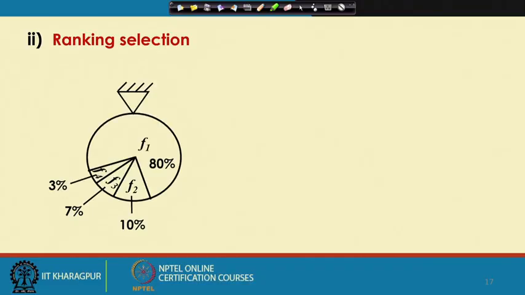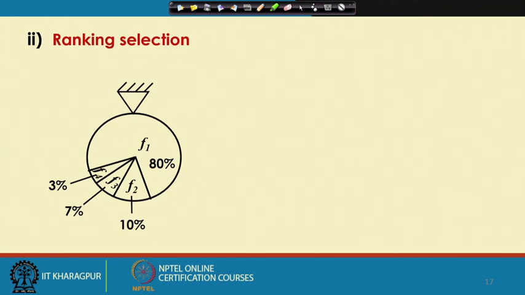Now, in ranking selection, once again we take the help of proportionate selection, but that proportionate selection will not be in terms of the fitness information, not in terms of the probability value we calculated based on the fitness information. Instead, it will be based on the ranking of the solutions in the population. Now, let us see how it works.